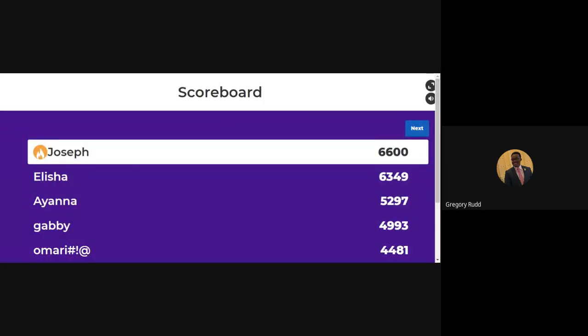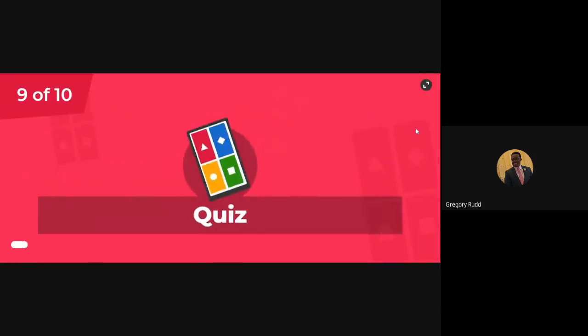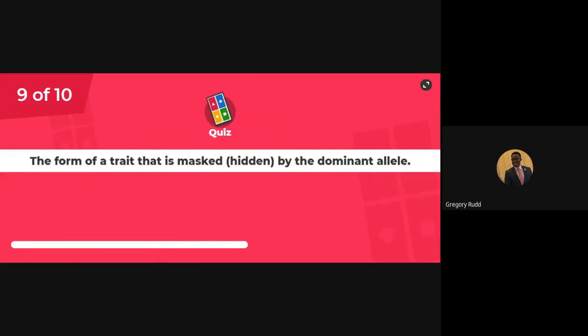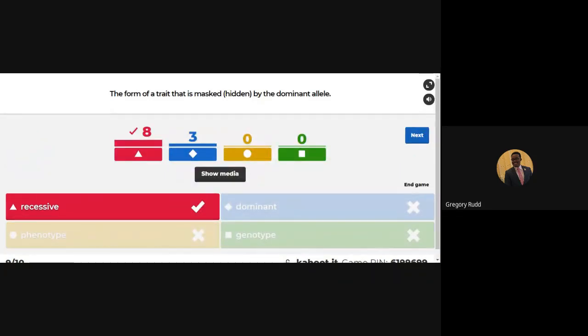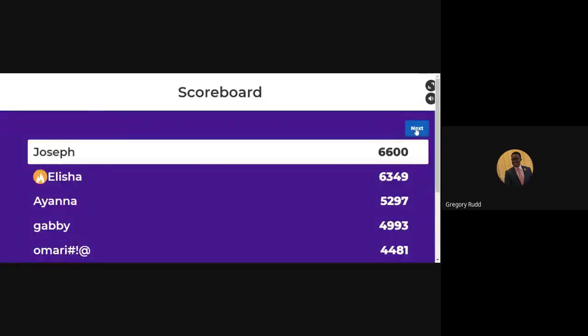Ooh, steadiness at the top. Joseph is still on fire. The form of a trait that is masked, hidden by the dominant allele. Excellent. That would be the recessive allele.